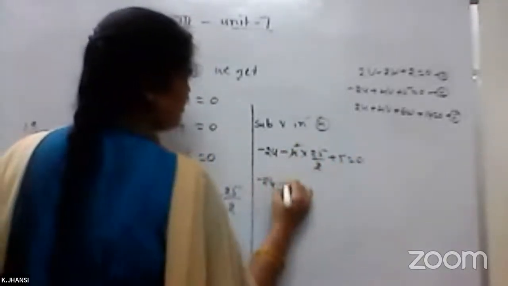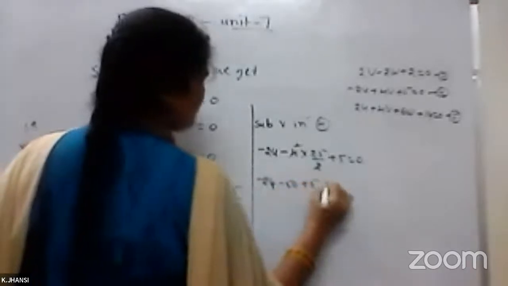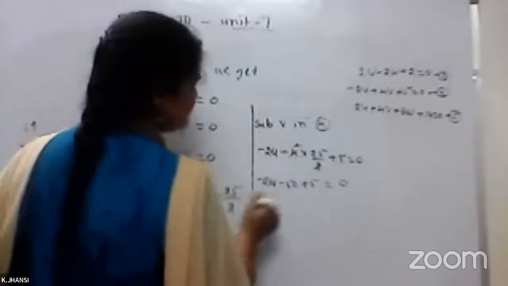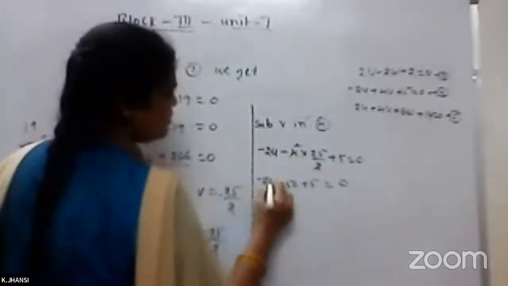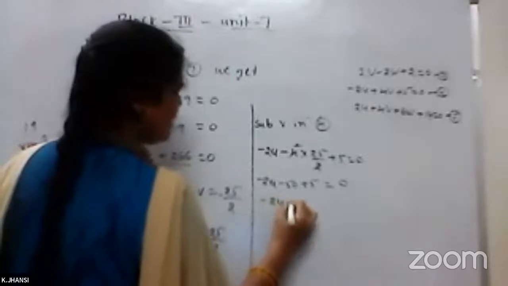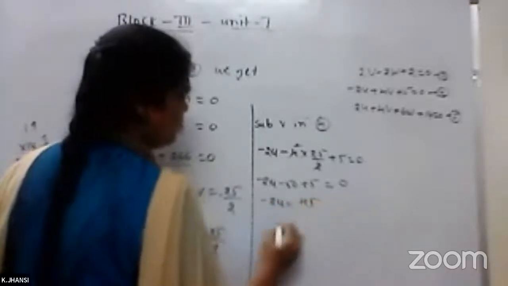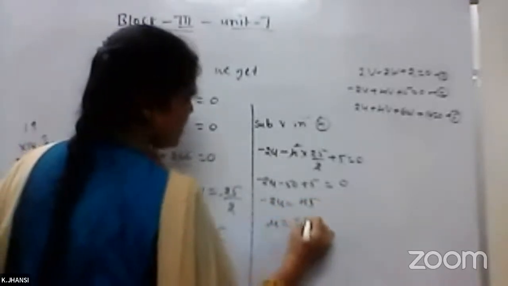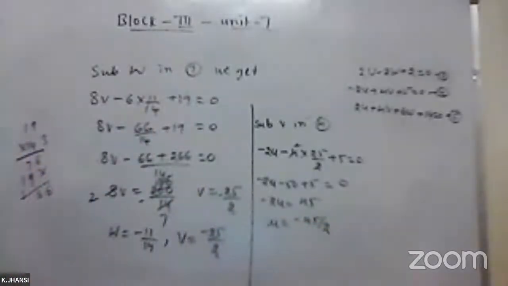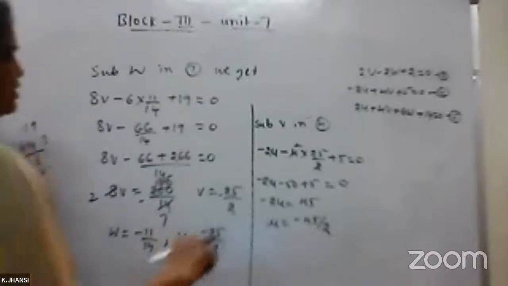Minus 2u plus 50 plus 5 equals to 0. So it is minus 2u, it is the 45 we have. So u equals to minus 45 by minus 15 you are getting. Let's take this one.